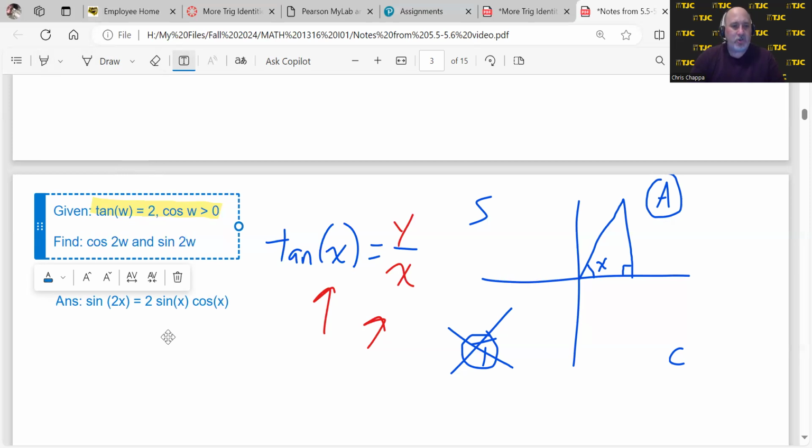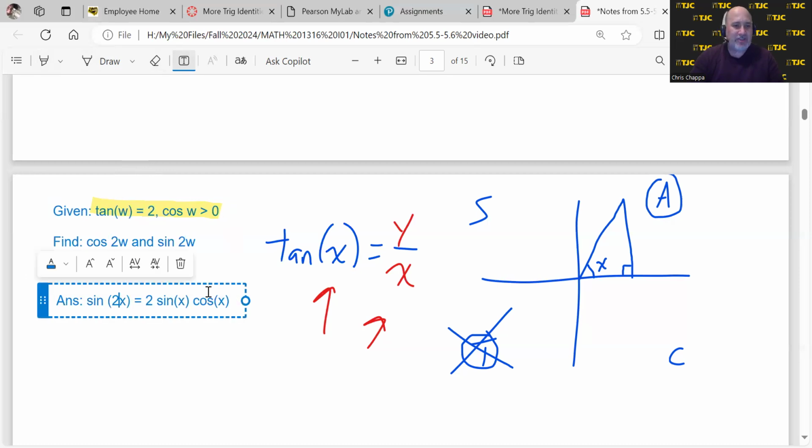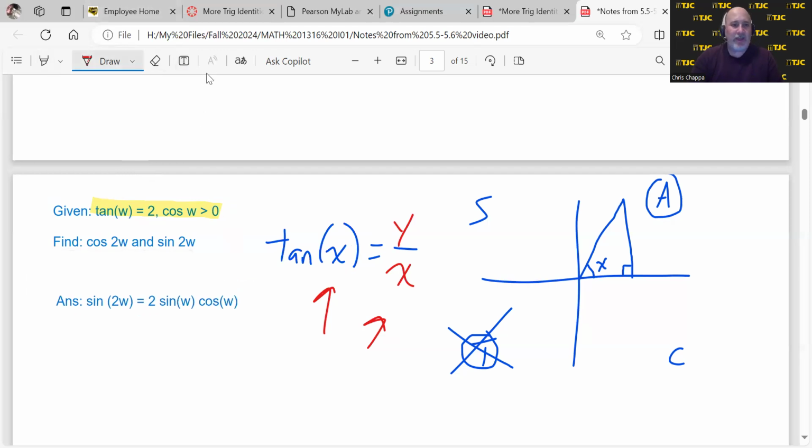But what it does do is it relieves the x of double duty. In this case, x was representing both an angle and, of course, the x coordinate when we set up the definition of tangent is y over x. But to remove that confusion, we can just change the name of the variable inside the trig function to something else. The work will still be the same.